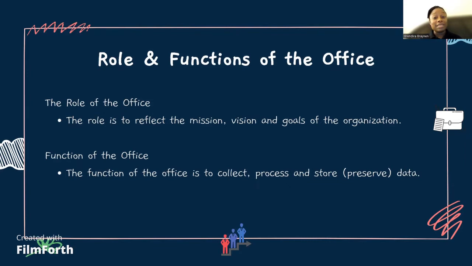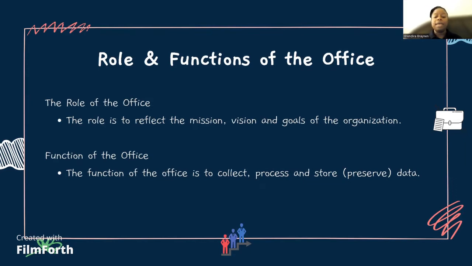When we think of office spaces, a lot of information, a lot of data comes into an office, whether it be on paper, whether it be through conversations verbally with persons, whether it be electronically through the internet or through a computer screen. Information is coming into the office.